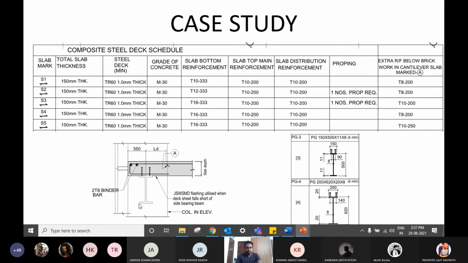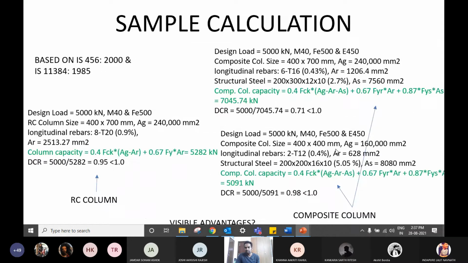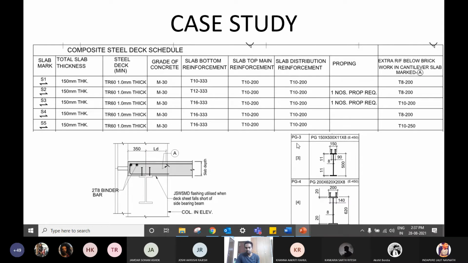Now, this is a typical example of how the slab deck ends, where you have a facade being connected to the slab deck, and how the reinforcement forms a U bar and ends here, right? As I told you, number 3, number 4 means it's the plate girder number 3, number 4, which has this particular profile.